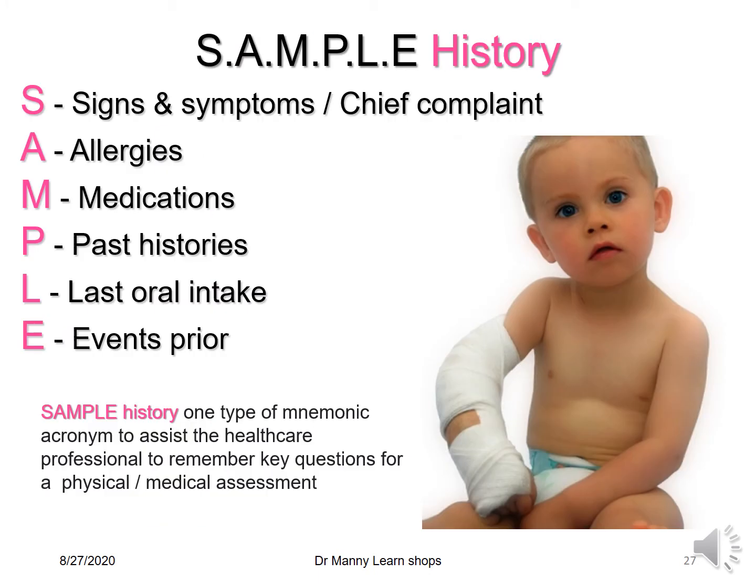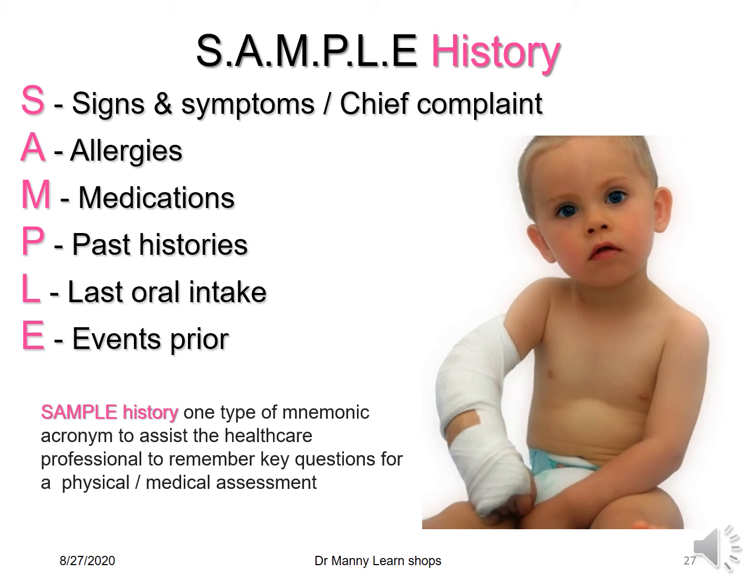So a SAMPLE history basically is S, signs and symptoms, or what was the chief complaint that brought the patient into hospital, or why the parents brought their child, infant, into hospital.